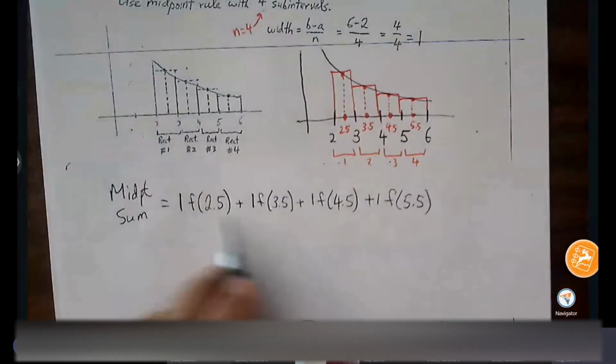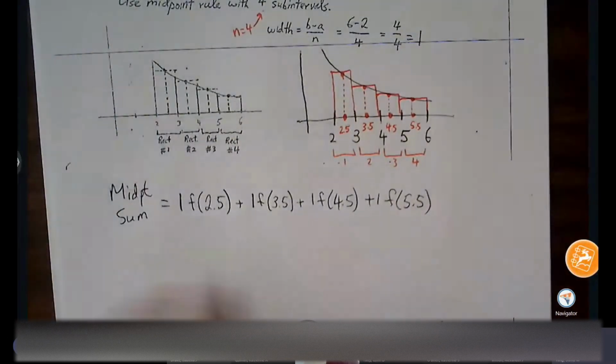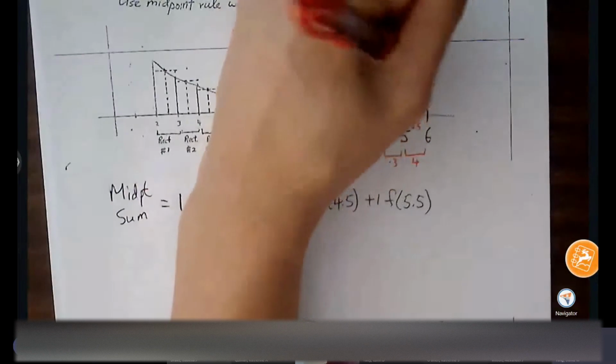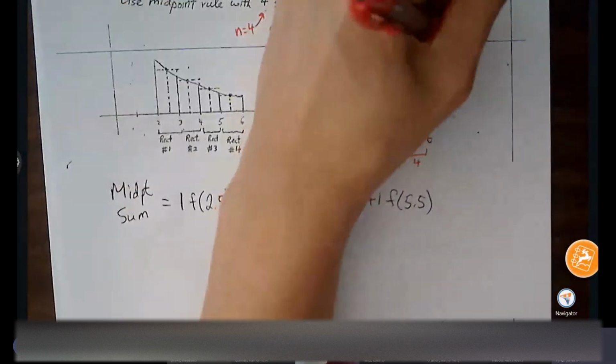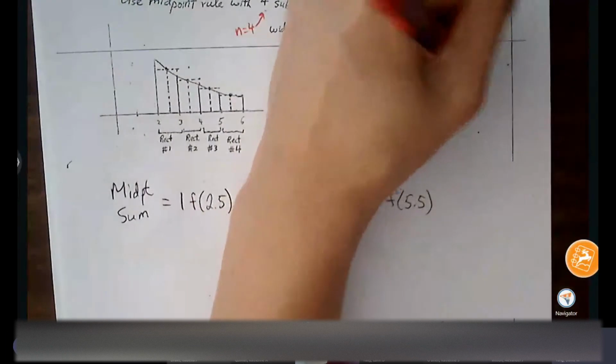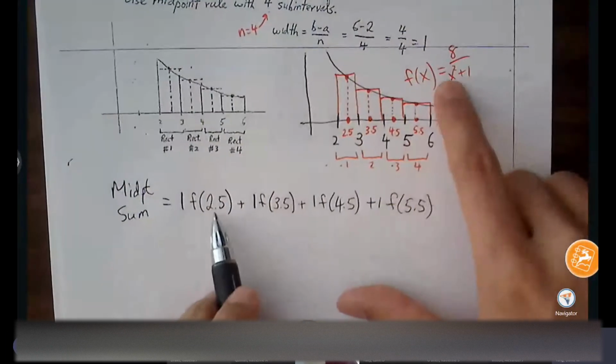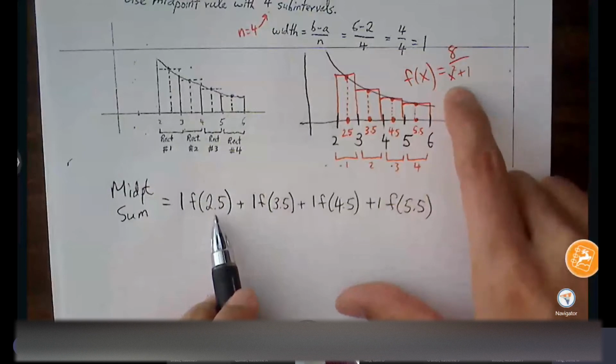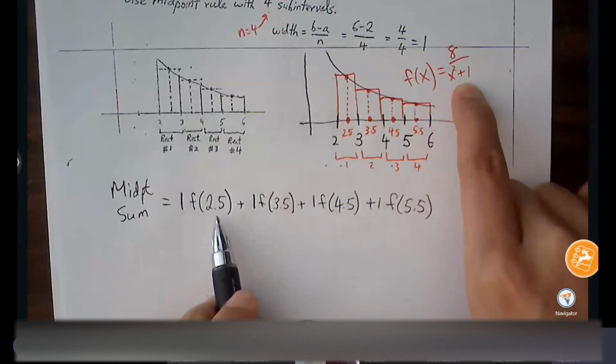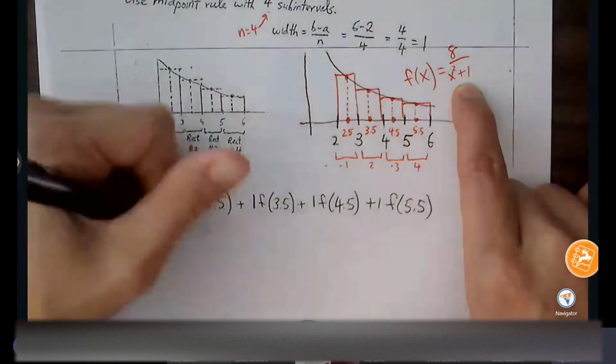So now we're just going to take these values and plug them into the function and get that decimal value, that height for each respective rectangle. So 2.5 in for x, 8 over 2.5 squared plus 1 will give us 1.103.